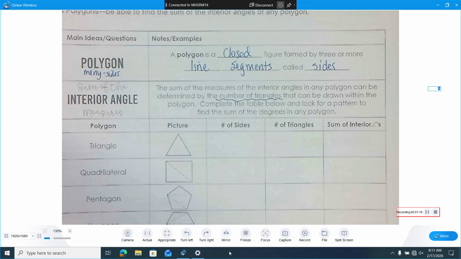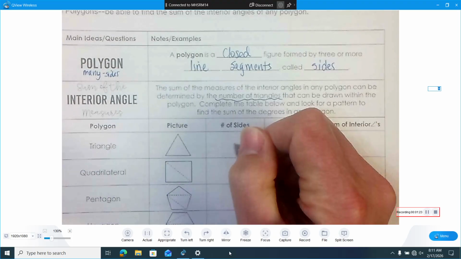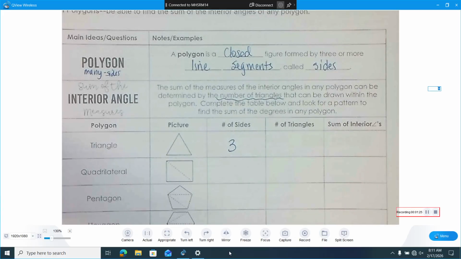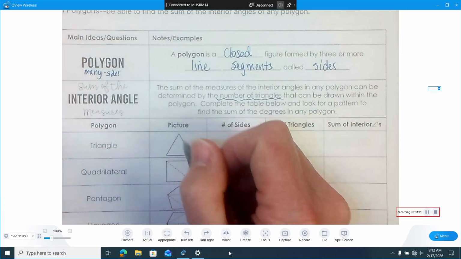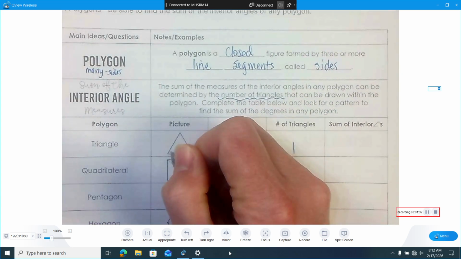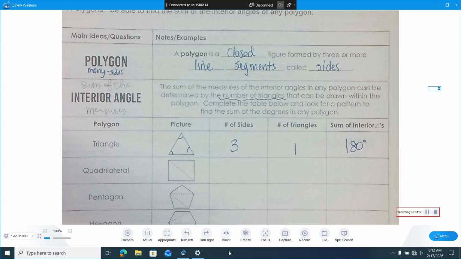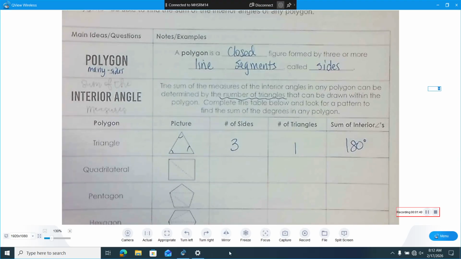So we already know that a triangle has three sides. It is one triangle, and how many degrees do the angles add up to? 180 degrees. Now, we can continue thinking about how many triangles there are.